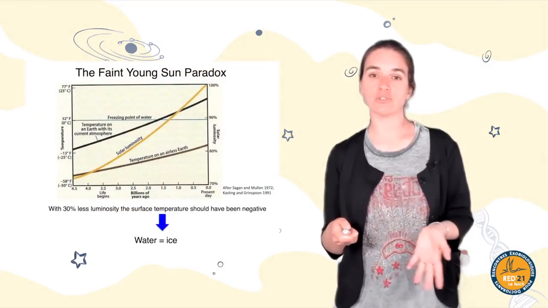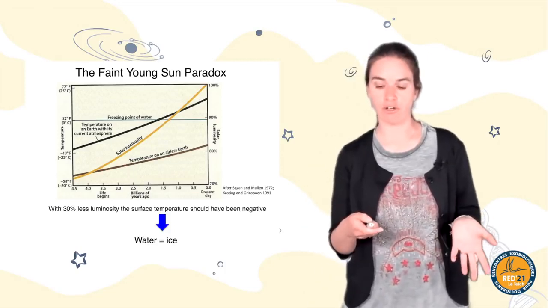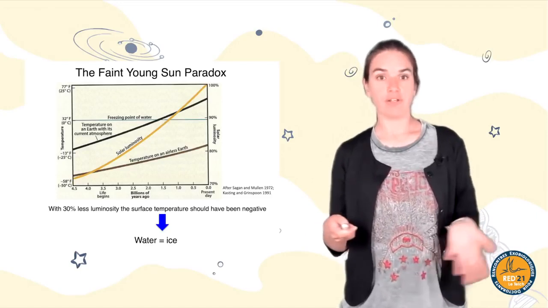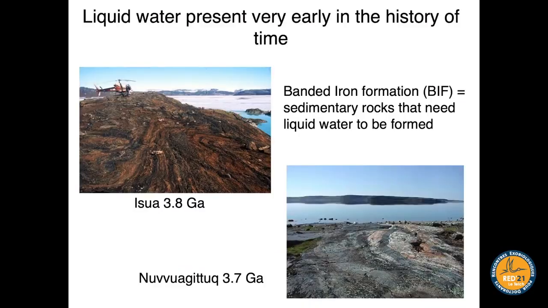So that means that during the Archean, the surface temperature should have been negative, and water should have been present only as ice. It's a paradox, because liquid water is present very early in the history of Earth. I can show you two examples of banded iron formations, sedimentary rocks that need liquid water to form.